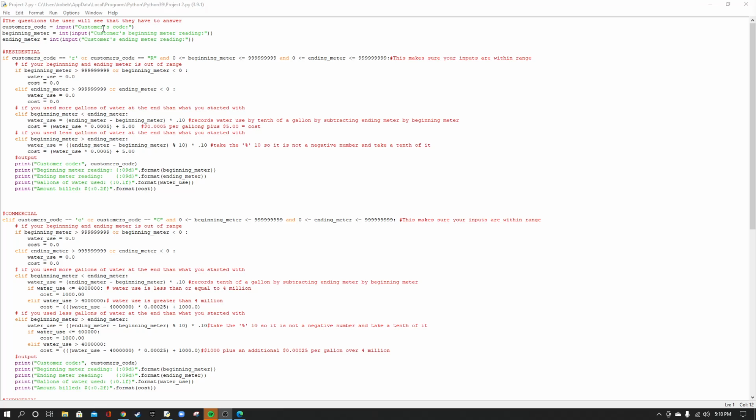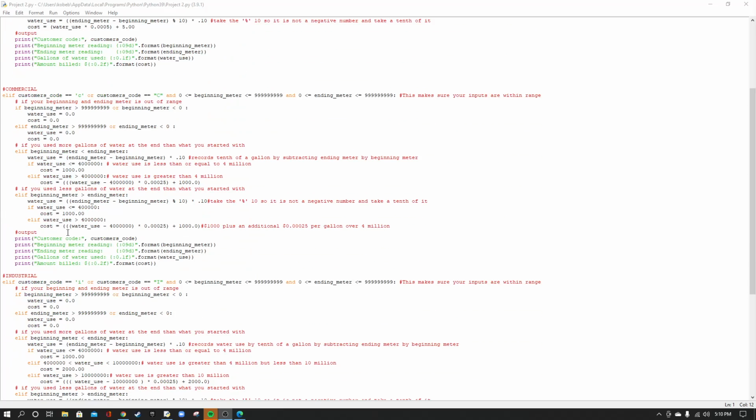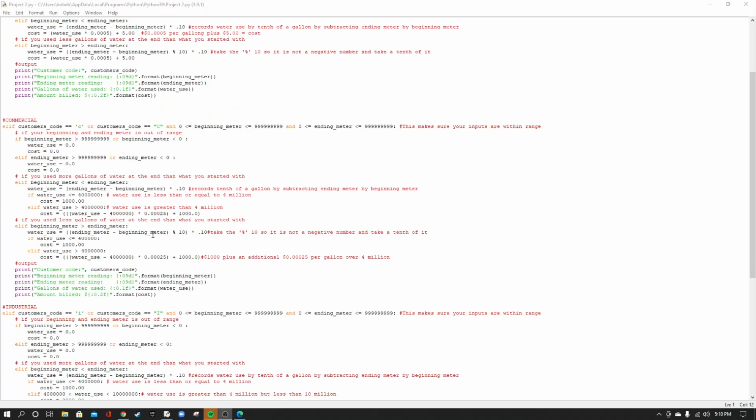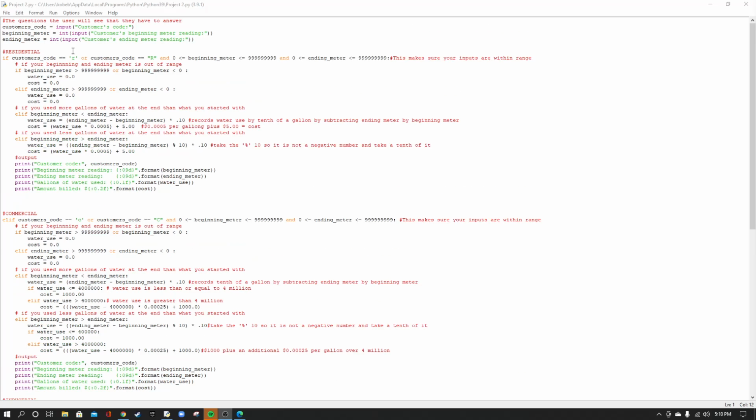Once the user inputs those three values, the code will run through this process where it checks whether the customer is residential, commercial, or industrial. For the customer's code to process right, it needs to be either an R, a C, or an I. The R stands for residential.